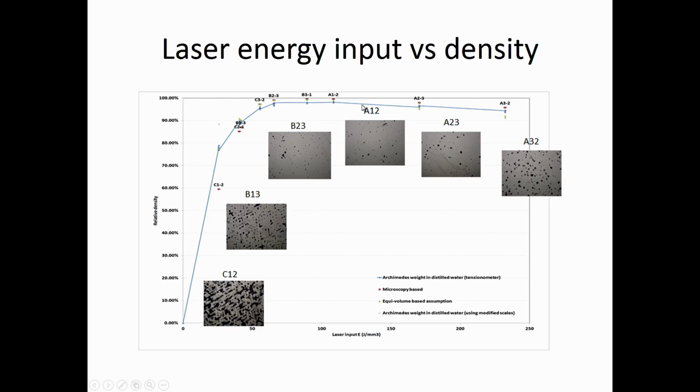And then as you overcook the laser settings, you've got too much energy density, and possibly through keyholing and other ingression of gases into the melt pool and things like that, the porosity starts to increase, and therefore your relative density goes back down again. So we would pick out from this some of the optimal parameter settings which gave us the highest density.